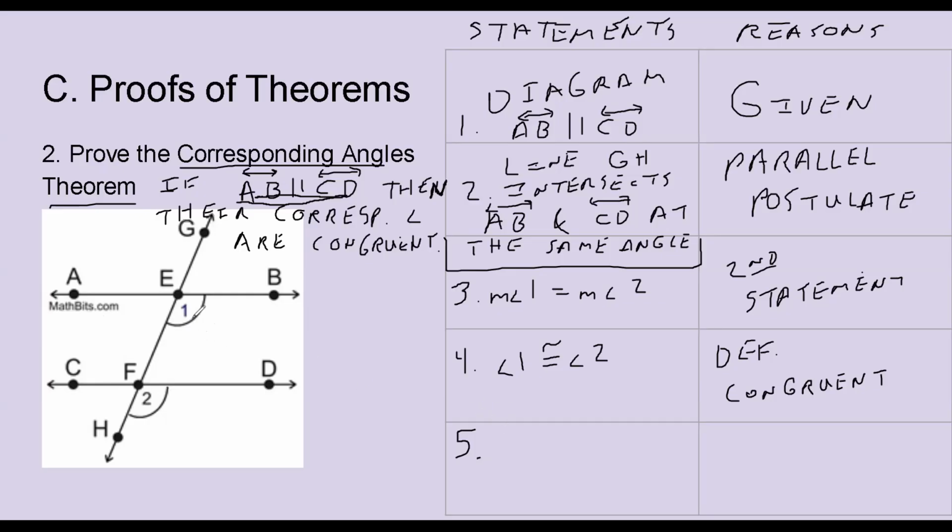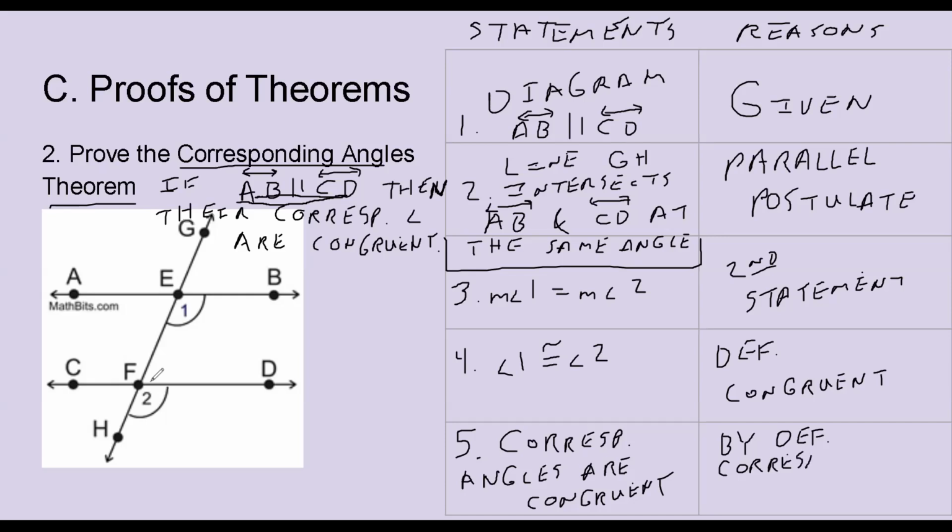But for this one, you absolutely would want to say that since angle 1 is congruent to angle 2, that means that corresponding angles are congruent. And again, the reason why that would be true is because by definition of corresponding angles, angle 1 and angle 2 are corresponding.